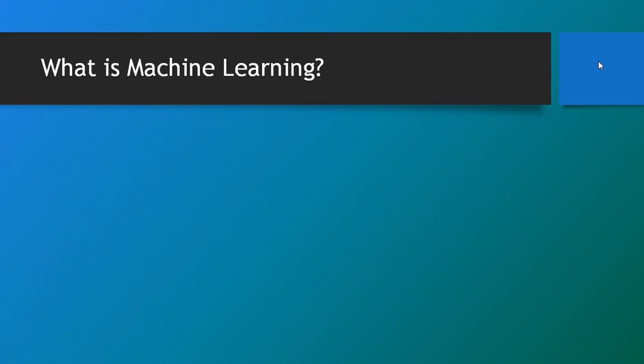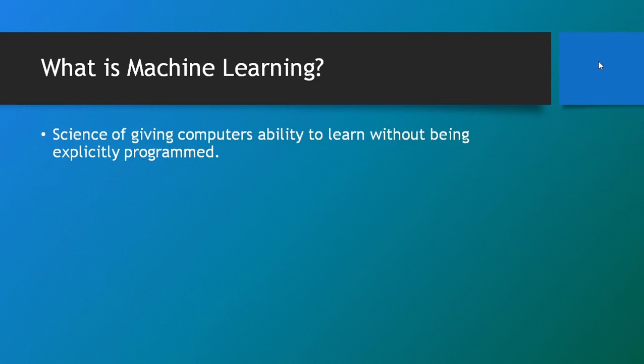Therefore, over the years, scientists, statisticians, engineers, and programmers have developed techniques through which machines can help to detect these underlying models on their own. In this way, machine learning was born. But what is machine learning? Machine learning is the science of giving computers the ability to learn without being explicitly programmed.